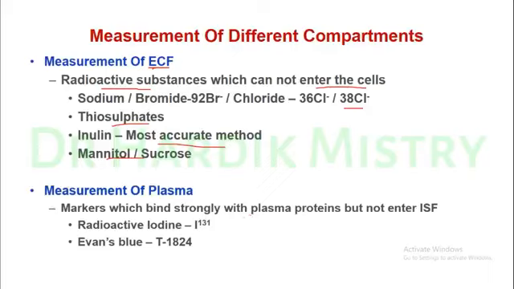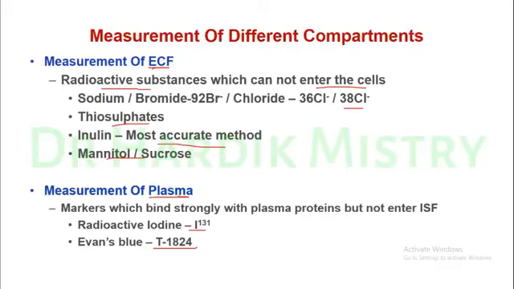These are radioactive iodine I131 and Evans blue dye T1824. These are the markers which measure the plasma. From the total body water measurement, measurement of ECF and measurement of plasma, we can measure the intracellular fluid volume and interstitial fluid volume via simple calculations.